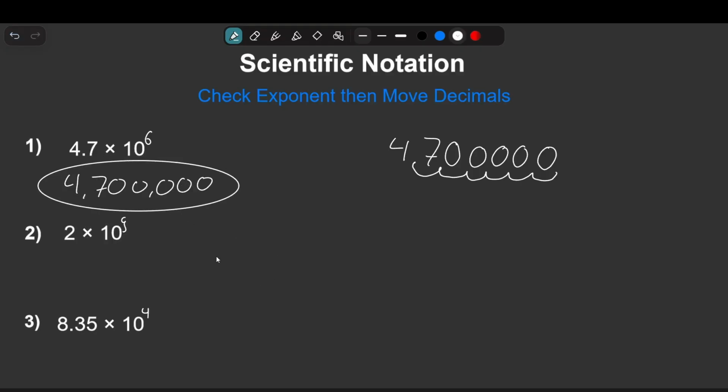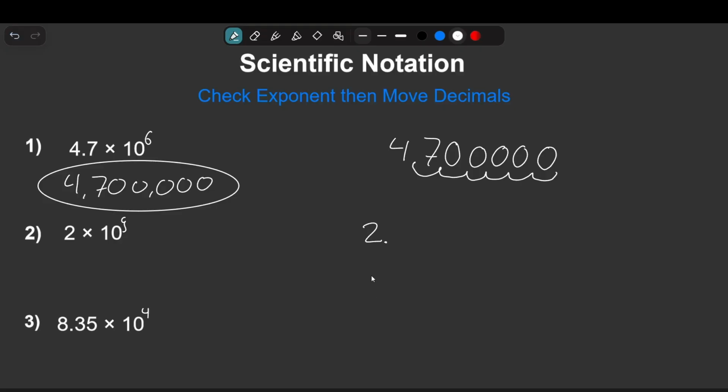On to our second example, where we have 2 times 10 to the power of 9. Again, we're going to write our 2 somewhere over here. The standard place for a decimal, if you don't have a decimal already in your number, is just to the right of the number.